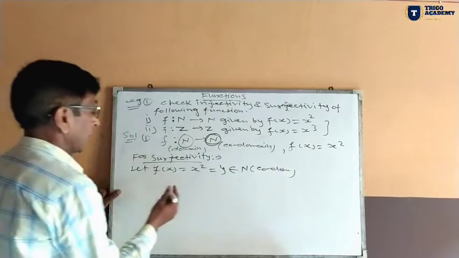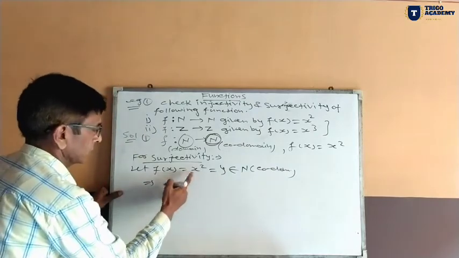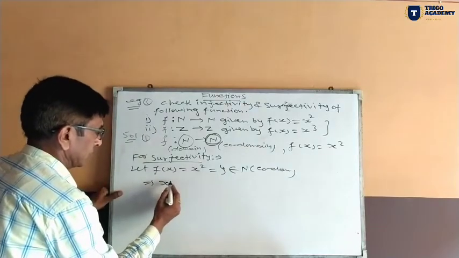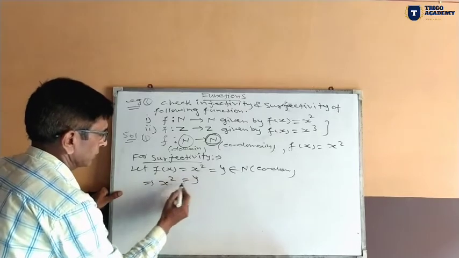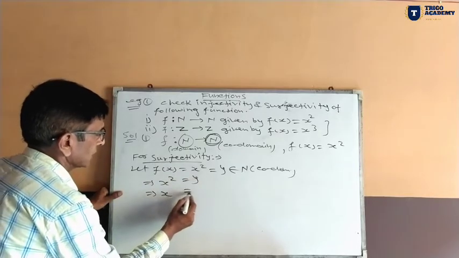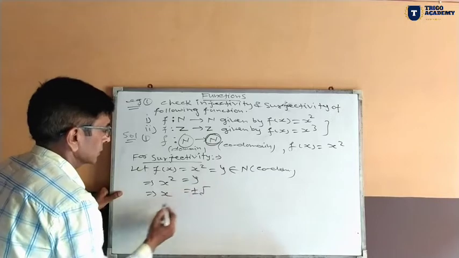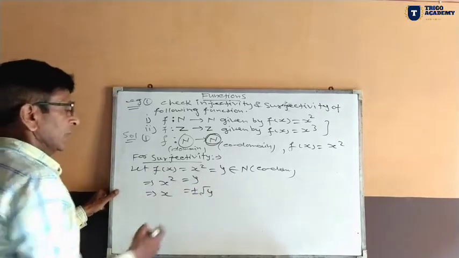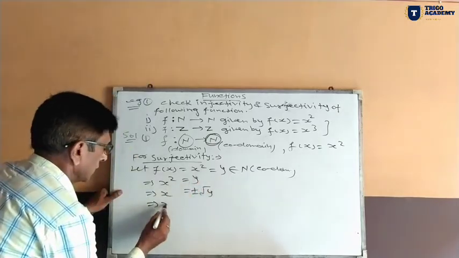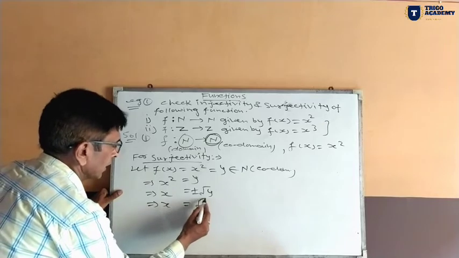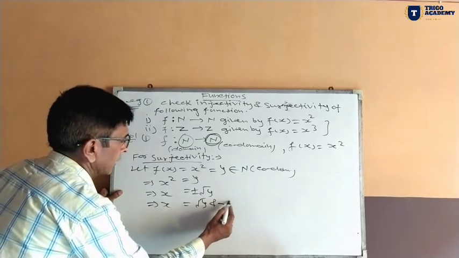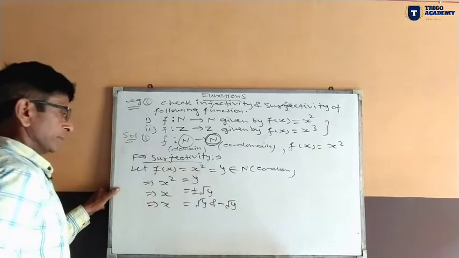Now we find the value of x in terms of y through this condition. x equal plus minus root y. So there are two values of x, one root y and second minus root y.